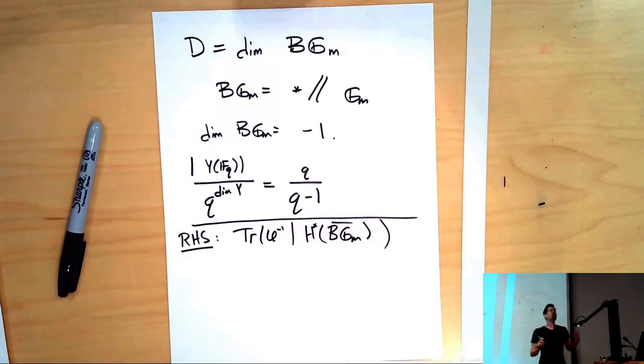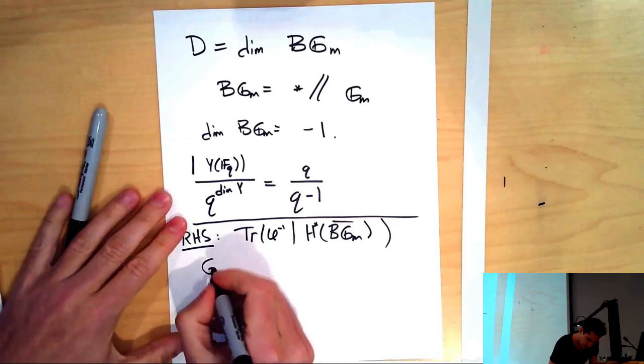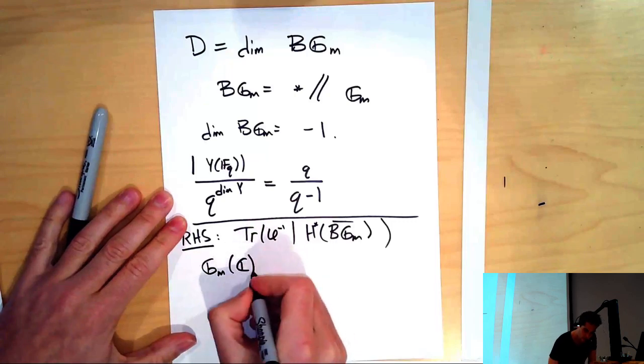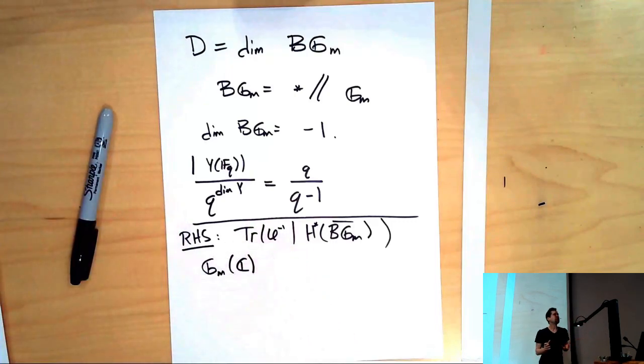So let's first talk about what this would look like over the complex numbers. So the multiplicative group makes sense as an algebraic group over the complex numbers. And over the complex numbers, you can dispense with thinking about L-adic cohomology. You can actually extract honest topological spaces and just think about their cohomology in the usual sense of algebraic topology.